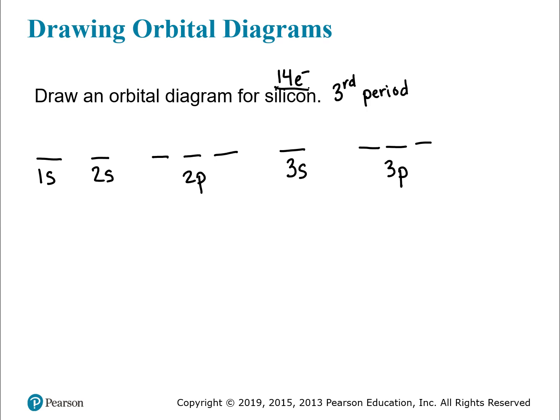We said that there are 14 electrons to place. You always start by placing them in the 1s, and you fill the 1s with 2 electrons. Then you fill the 2s with 2 electrons. Then you're going to fill in the 2p.